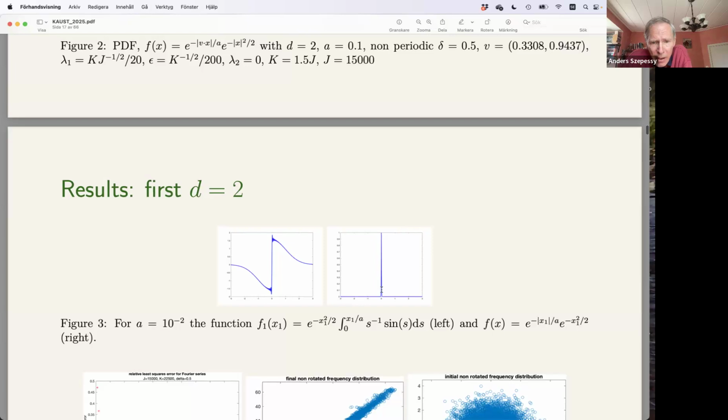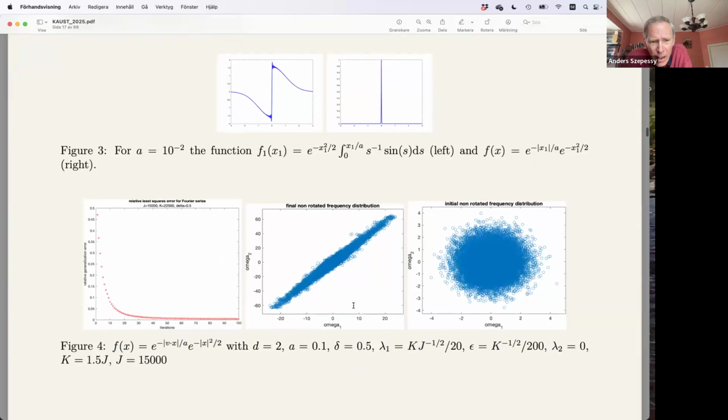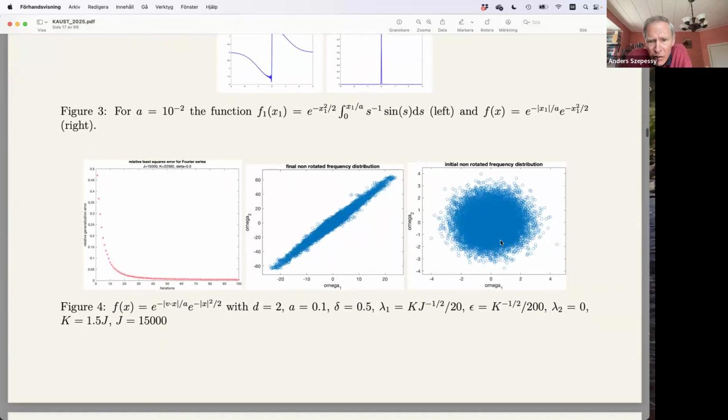I mean, it is like a point mass, but the integral is not 1, but a. And then the initial start for the resampling method is standard normal. And then here we have the convergence, mean square error going down. And here we have the iterations.